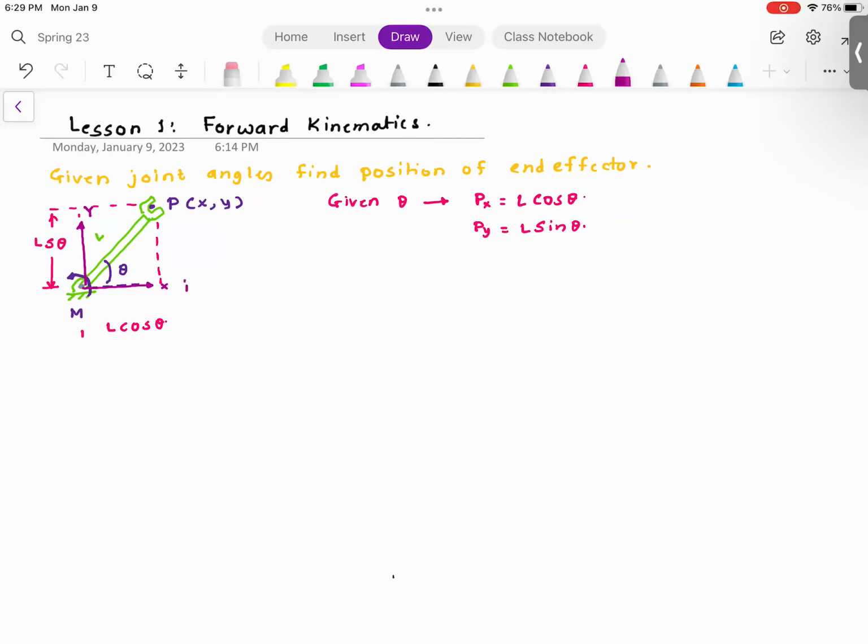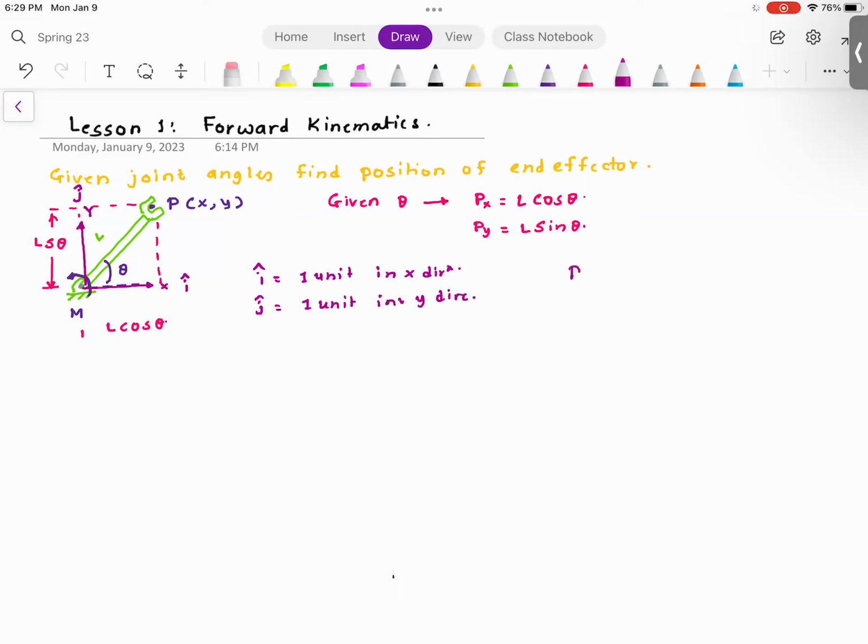So what is a unit vector? A unit vector is an indication of direction. Unit vector i is one unit in x direction, and j means one unit in y direction.